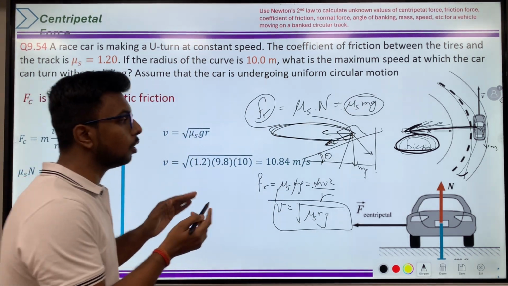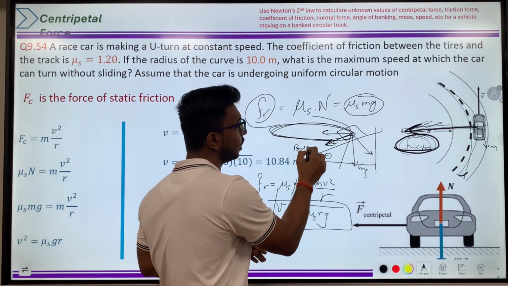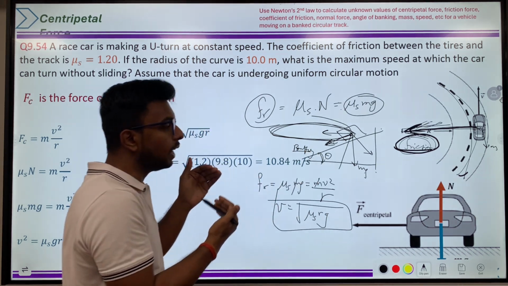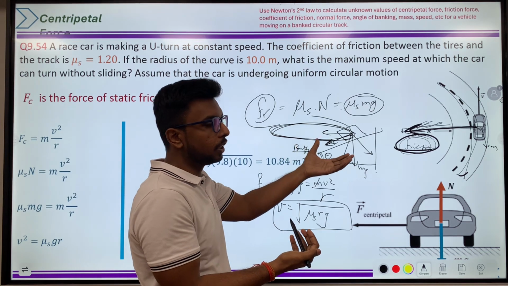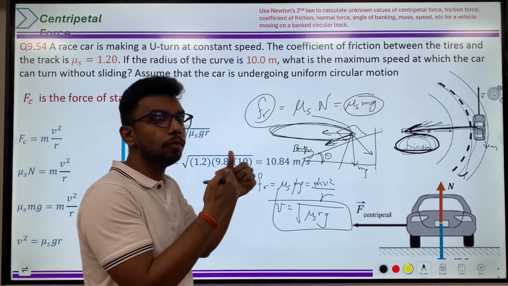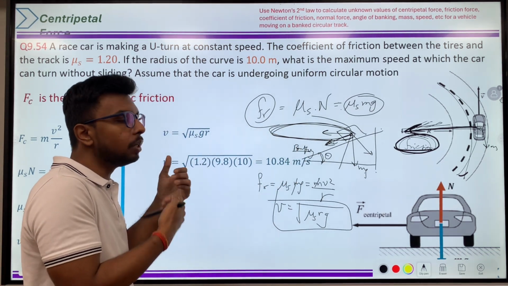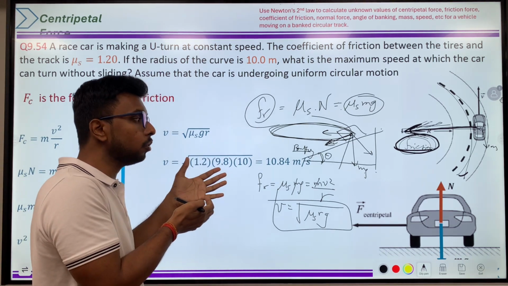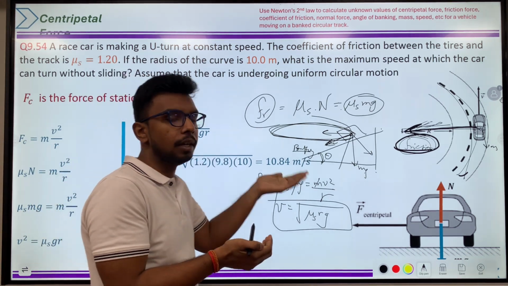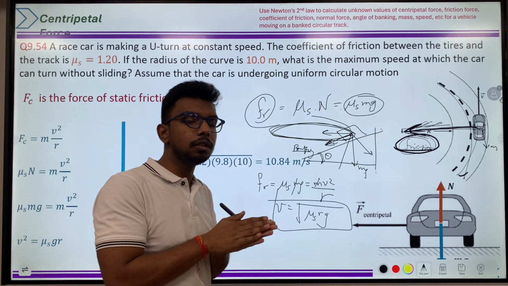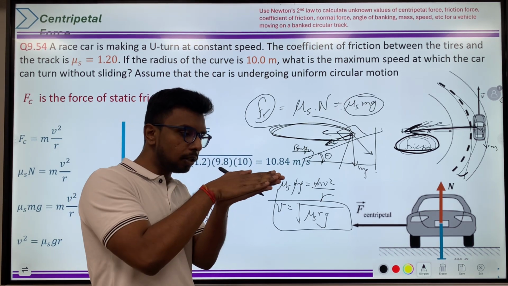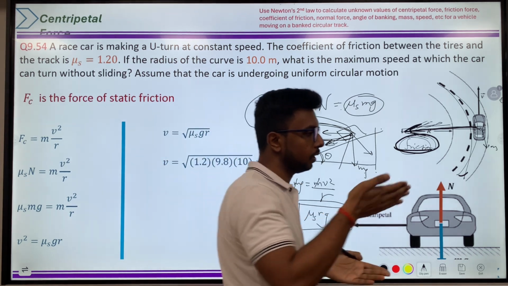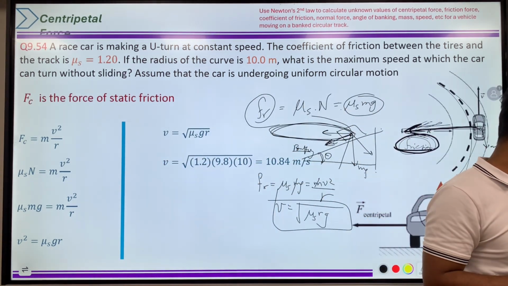This is called banking of the road. Banking is done to have extra support for the centripetal force from gravity. And there is friction also, so gravity and friction combined will give relatively more force towards the centripetal force, and therefore I can go at higher speeds. That is why the turns at 120-160 kilometers per hour, or the racing tracks, are slightly banked. They are at an angle, they are tilted.